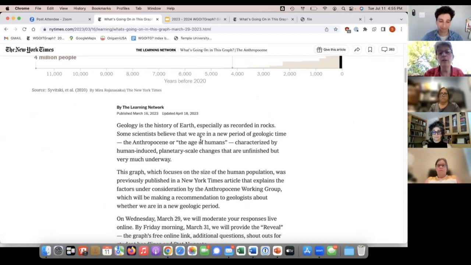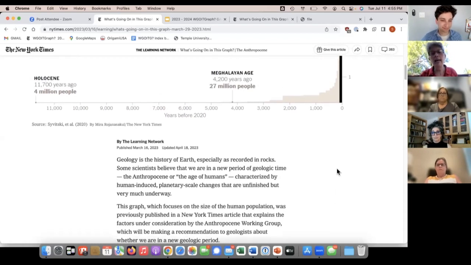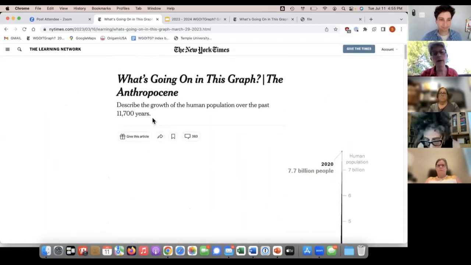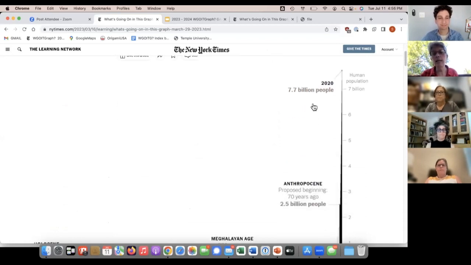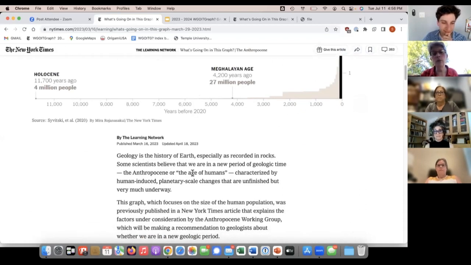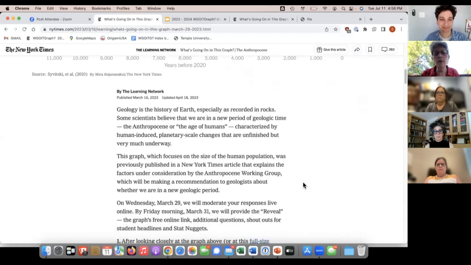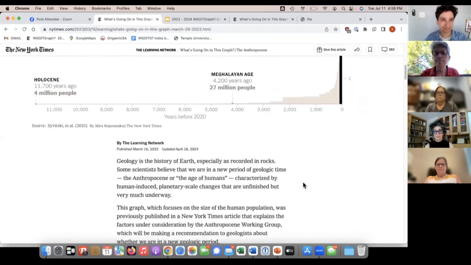Sometimes scientists believe that they're in a new period of geological time. The Anthropocene is characterized by human-induced planetary scale changes that are unfinished, but very much underway. If we think it's probably not a context that students understand, we'll give it to them. When you look at the graph, you're expected to at least read the title, look at the graph, and we really do hope that the teacher will give the information that we give underneath. We're not giving away the graph, we're just giving the context. So that helps.